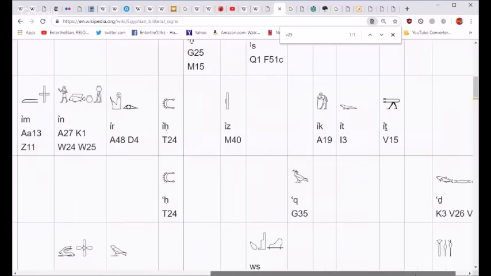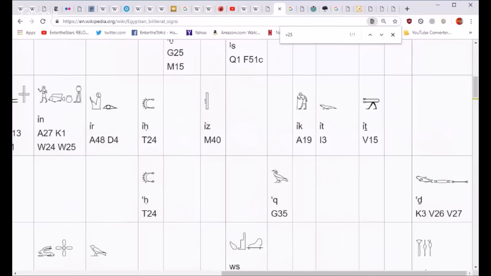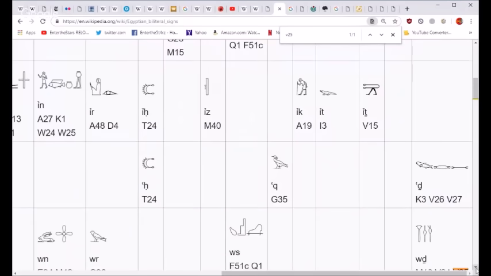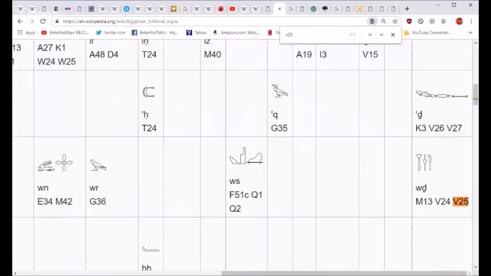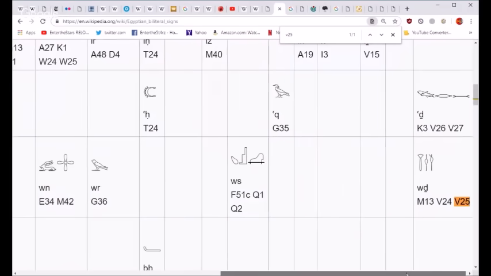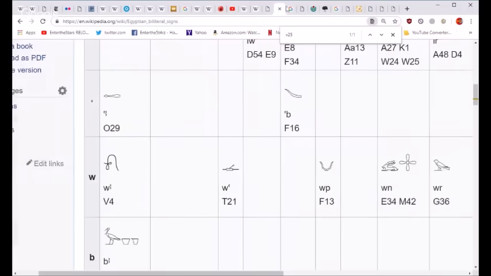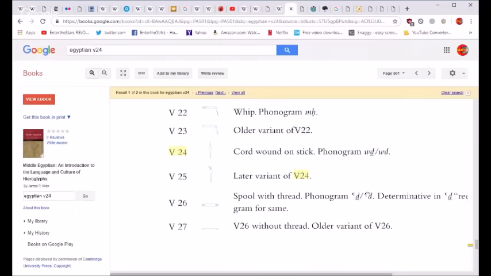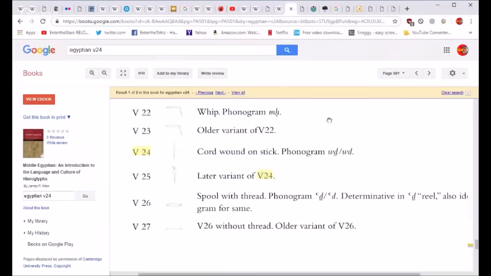Here is some more images of this letter in ancient Egypt. Now, this particular explanation talks about this letter Q being a cord wound on a stick, almost like a serpent wrapped around a pole.